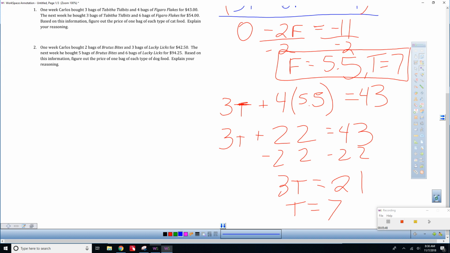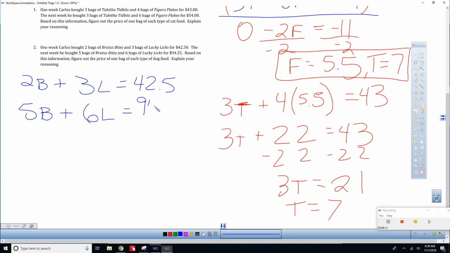Let's change colors. 2B plus 3L is 42.50. 5B plus 6L is 94.25.